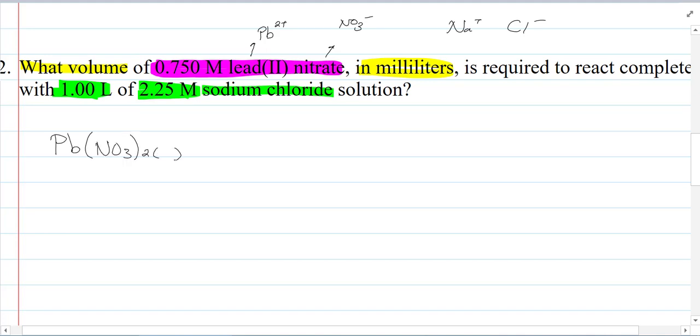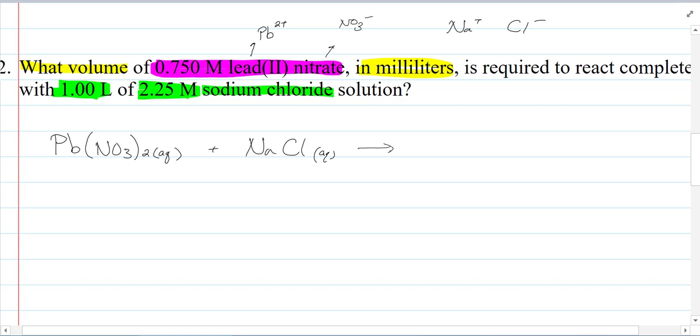What state symbol will it be? Well, that's a good question. We have 0.75 molar. We have a molarity. It's going to be aqueous. I will tell you if the solution's not in water. Sodium chloride, NaCl, and that's aqueous as well because that gives you concentration.